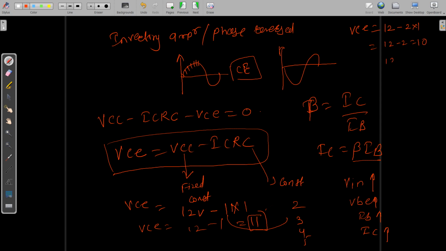If I substitute the values like this, I can see that I get the output less and less. That means as my input is increasing, my output is decreasing, and that's why this is my VCQ and this is my VBQ, and because of this we are going to get a phase reversal in the CE amplifier.